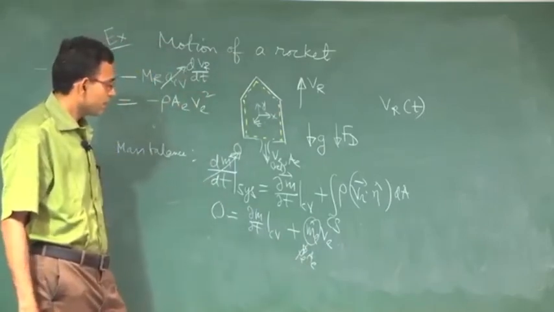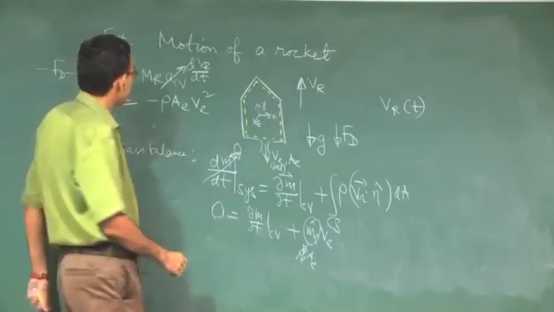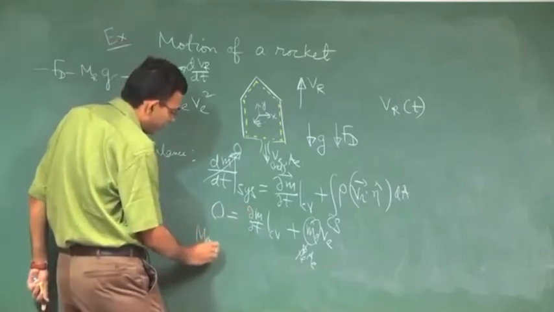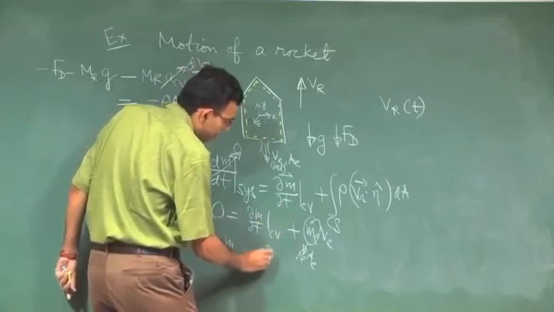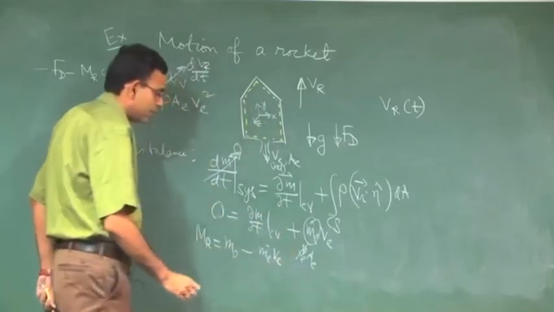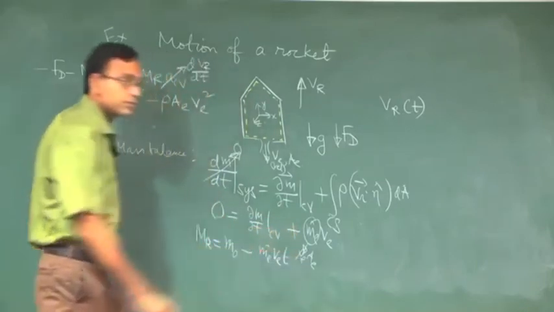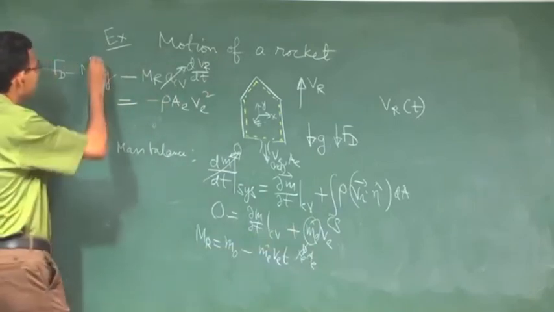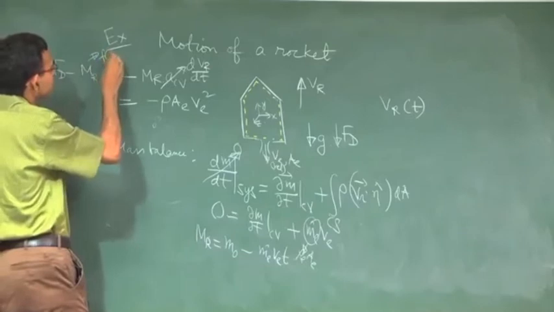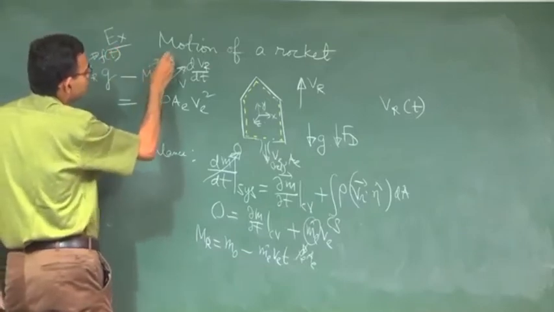Okay. So, if you integrate it, then mr will be equal to m0 minus m dot E into VE into T, right. So, this will be a function of time.